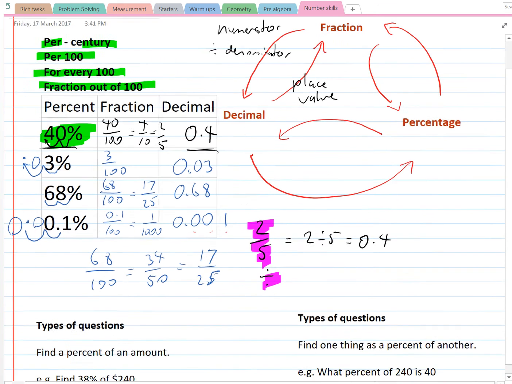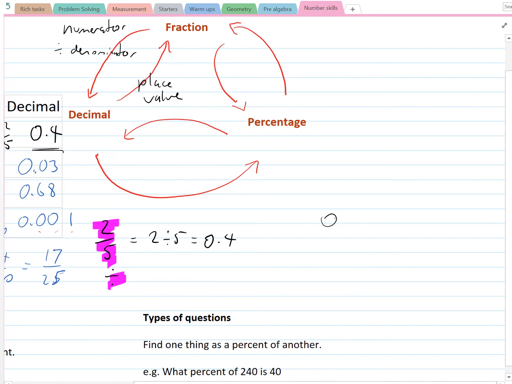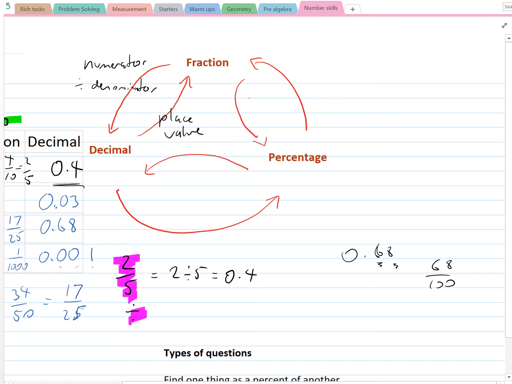For instance, if I had the decimal 0.68, I've got tenths, hundredths, so it's going to be 68 out of 100, and then you simplify like we did before.